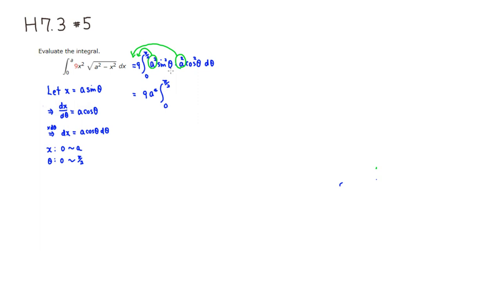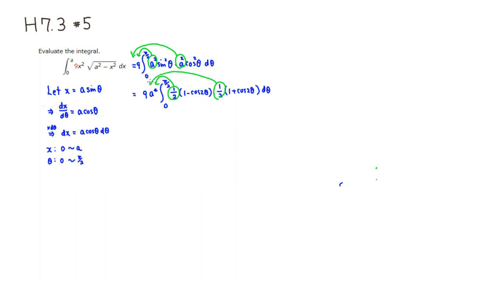Then we can use the trig identities. Sine squared is going to be 1/2 times 1 minus cosine of 2 theta, and cosine squared would be 1/2 times quantity 1 plus cosine of 2 theta, d theta. Again we have constants that we can place in front.